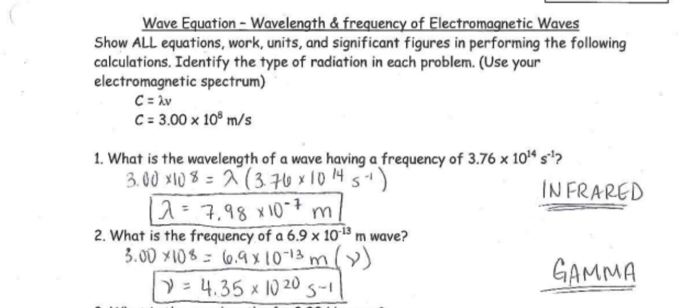Since we are looking for the frequency, the wavelength is given, which is 6.9 times 10 to the power of negative 13 m. So by dividing the two, we get the answer, which is 4.35 times 10 to the power of 20 s negative 1. That's our final answer.